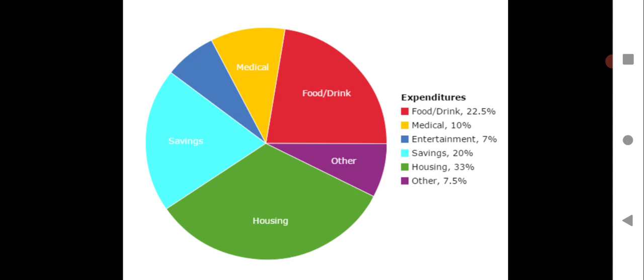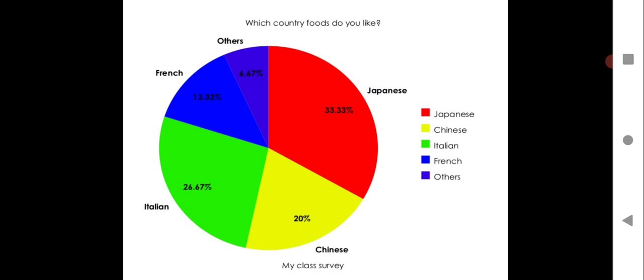I hope this is very clear, children. So just have a look at different types of pie charts here. Again, which country's foods you like can be depicted with the help of a pie chart like this: Japanese, Chinese, Italian, French, others. By looking at the part of the section of a circle, you can easily make out which food you like the most.